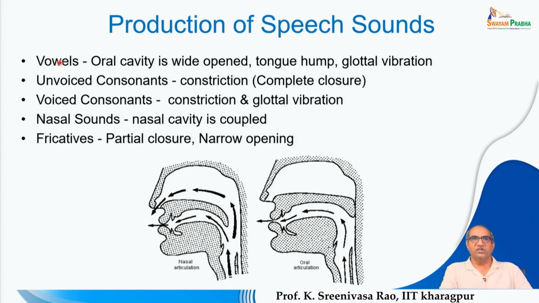Those are the unvoiced consonants, like k, ch, t, ta, pa. For them, the unvoiced excitation is nothing but the complete closure of the air at different places along the vocal tract, and the release of that closure acts as excitation. But during the production of these sounds, the vocal folds remain open. There is no vibration of the vocal folds at all.